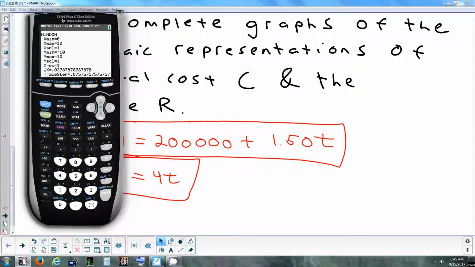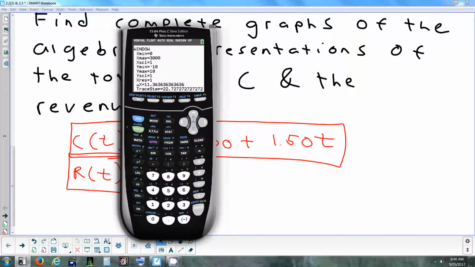Let's put in 3,000. Okay. I kind of hinted at what I'm looking for here. I'm going to try to see where cost and revenue equal each other, and there's a name for that point. So Y is our cost and revenue. Okay, we're doing both on the same axes.